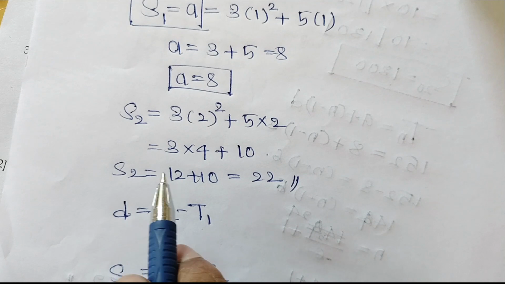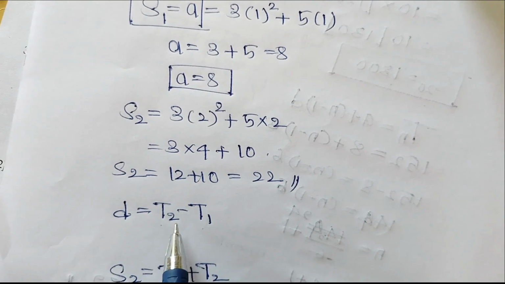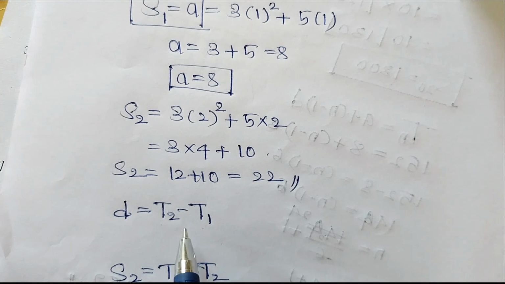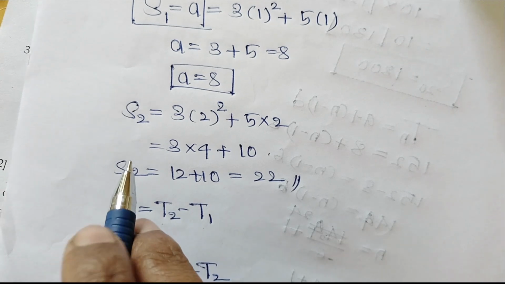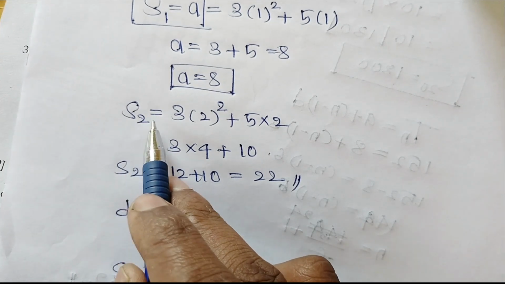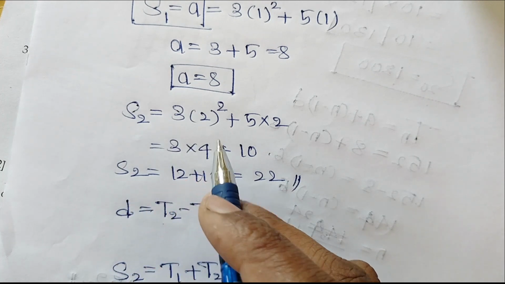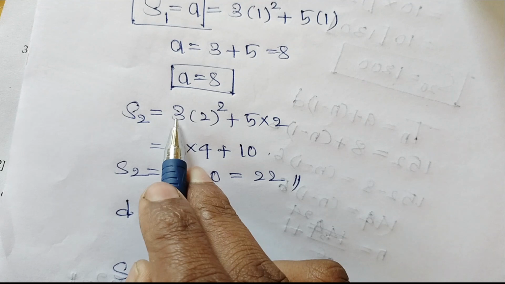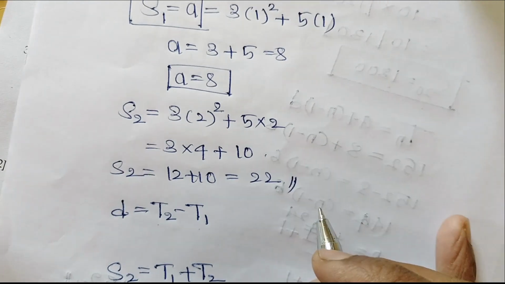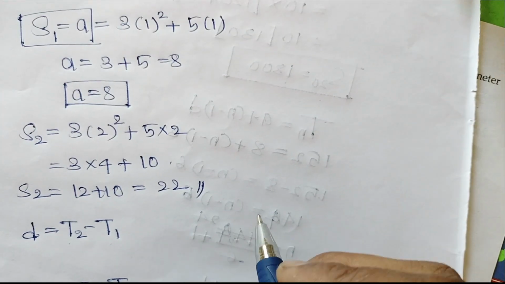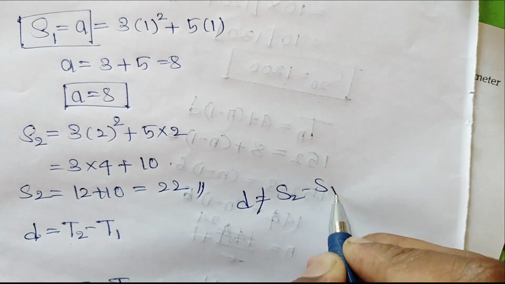For the common difference we need term number 2, since the common difference is given by T2 minus T1. So we substituted 2 for n, and it becomes 22.